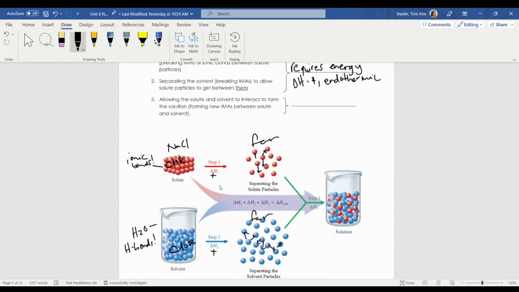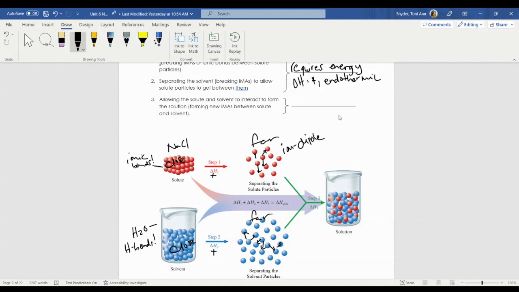On the other hand, so that's step 1 and that's step 2. These tend to happen at the same exact time. However, when my solute particles and my solvent particles come together and form new intermolecular forces, let's say if I have water and an ionic solid, they might form ion dipole bonds, or intermolecular forces, in between them.